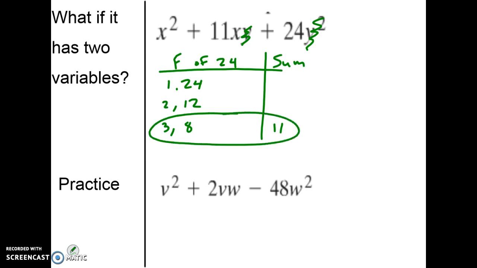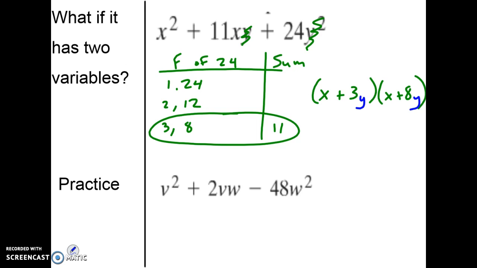And so then what I would do is write that in factored form. So I'd have x plus 3, and I'd leave a little space behind the 3, and x plus 8, and I'd leave a little space behind the 8 because we can't forget about that variable that we took out. So that is right behind the 3 and the 8. We'd put a y and put it back in.